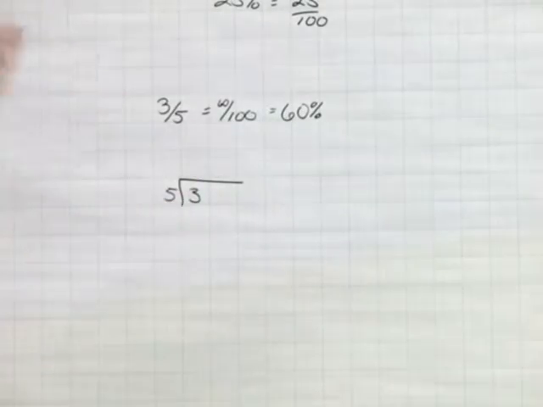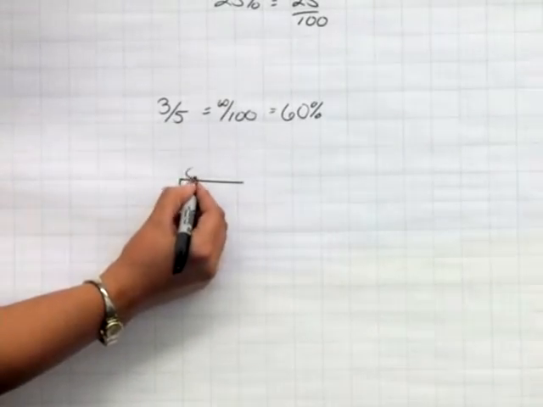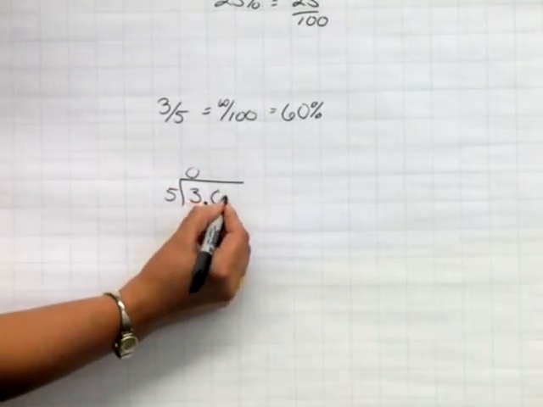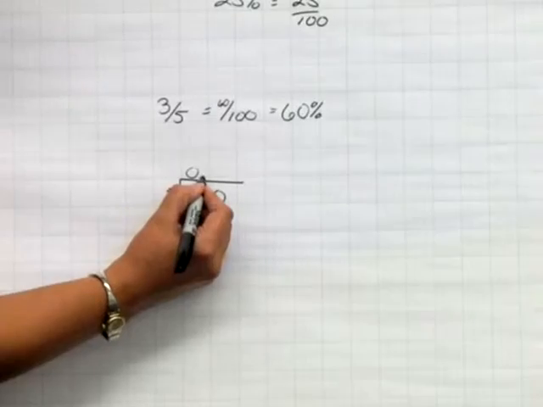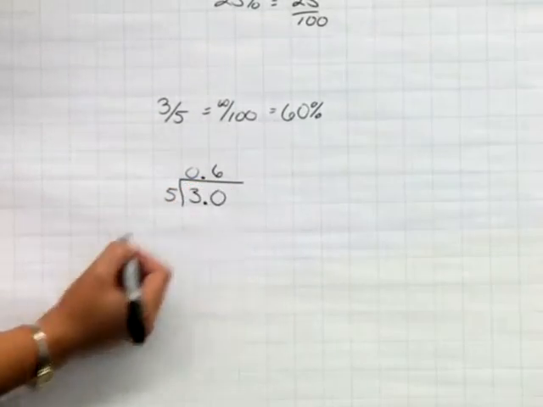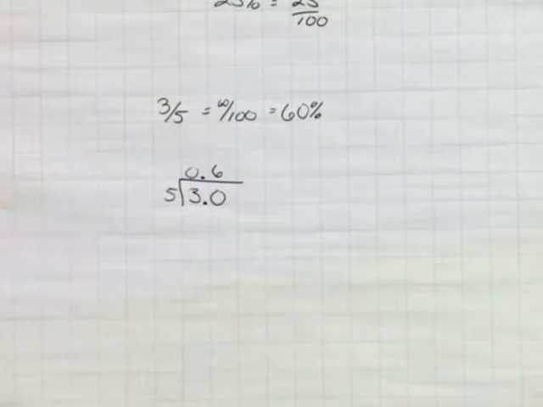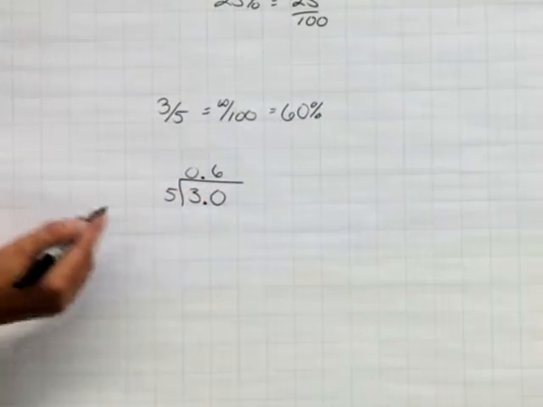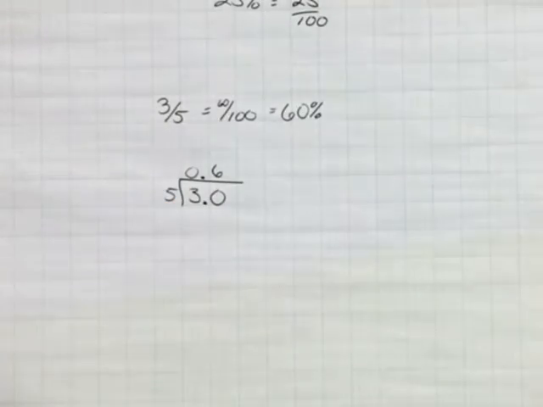5 goes into 3, it doesn't, 0 times. So we need to add a decimal. And remember, we move this decimal up. 5 goes into 30, 6 times. So 0.6 is our new decimal. 3 divided by 5 equals 0.6. So 3/5 equals 0.6.